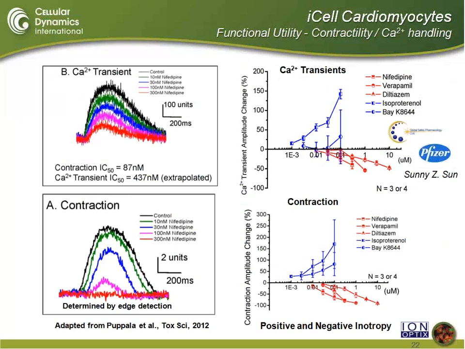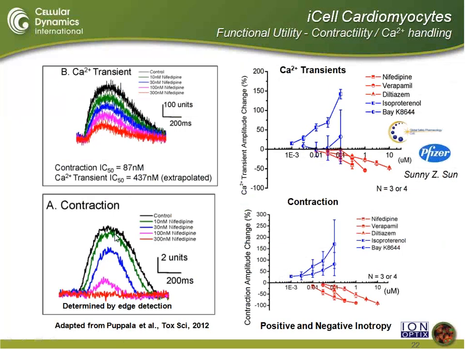In addition to the electrophysiological activity, you can also look at contraction. So this is adapted from Pappella et al. and some work that was done over at Pfizer, looking at the cells in the IonOptix. The IonOptix takes calcium fluorescence measurements as well as edge detection for the contraction strength. And when we block the calcium with nifedipine, an L-type calcium blocker, you see the dose-dependent decrease here in the top left corner.